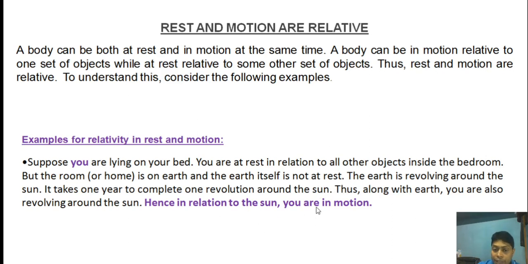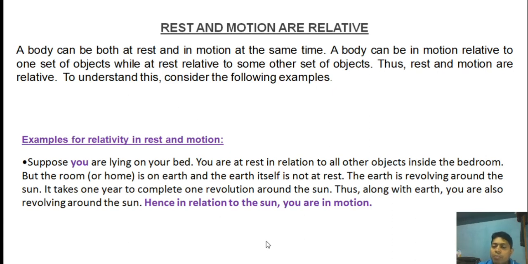And if you compare it in relation to the sun, you are in motion. So that's why rest and motion are relative. That's why it is written that a body can be both at rest and in motion at the same time.